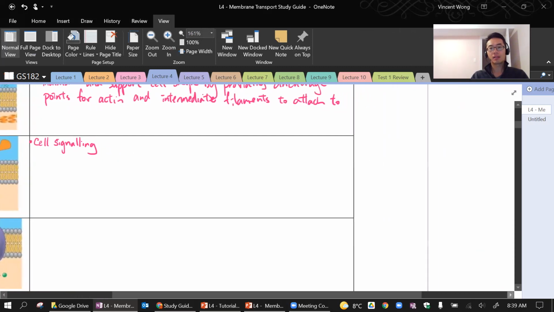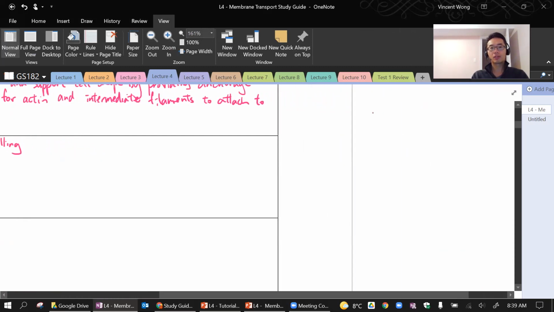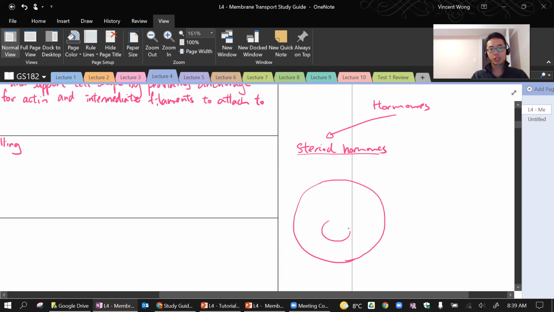So maybe I just give you a brief note here to help you understand that. Hormones, there are two types. It can be steroid hormones. What these kinds of hormones do is, this is the cell, this is the nucleus.